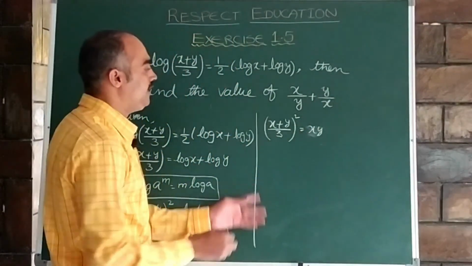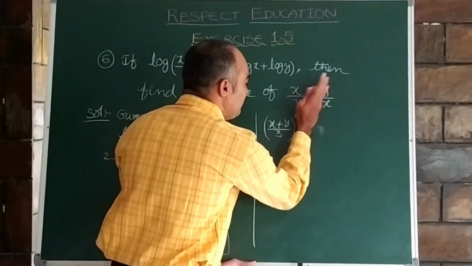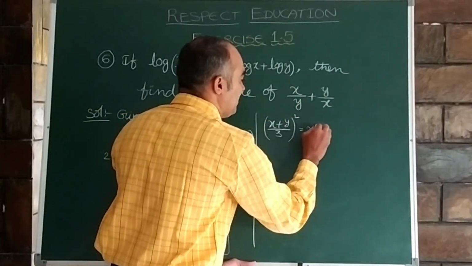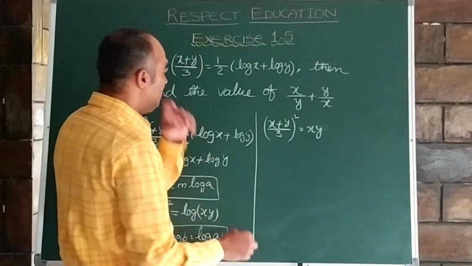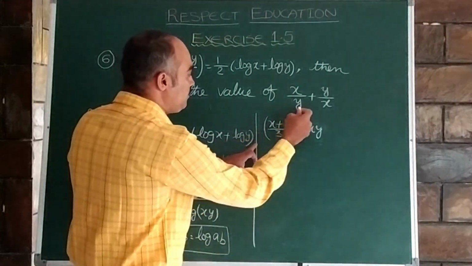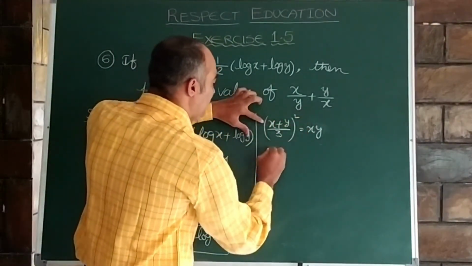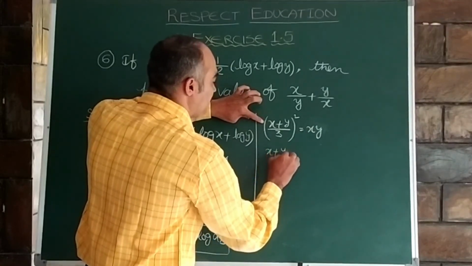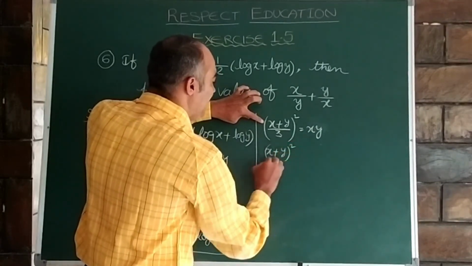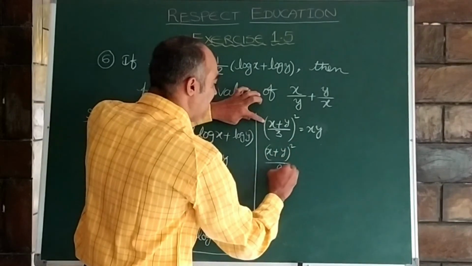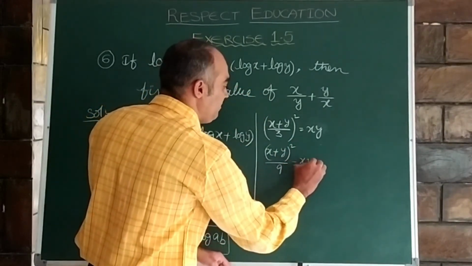Now let us apply here. I think you are able to see it is xy, right? Now let us split the square for both. It is (x plus y) whole square by 3 square. 3 square is 9, so it is equal to xy.